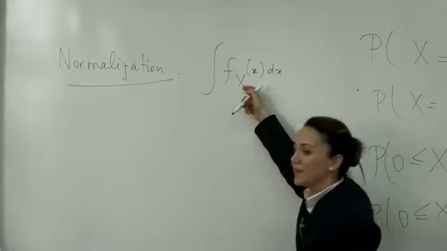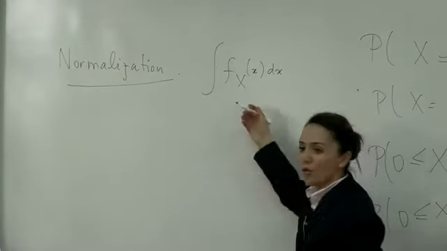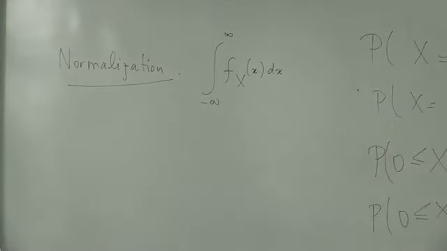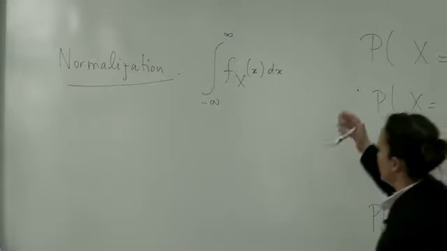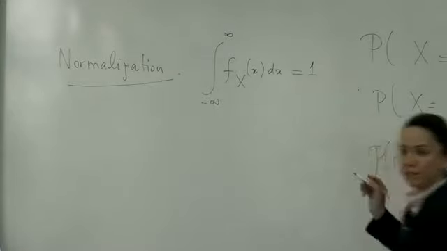Now, since this is probability density, if you integrate from negative infinity to infinity, that would mean the random variable x takes values between negative infinity and positive infinity. But that's a certain event. Why? Because the random variable x is real valued, so it has to live between negative infinity and infinity. So this should be 1. Any problem?